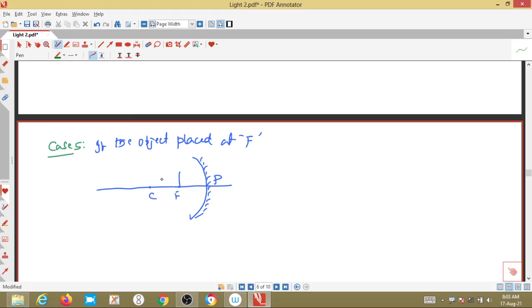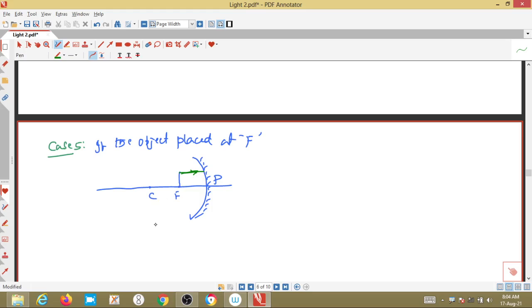Now imagine the first ray I will take. Here the ray is passing from this point parallel to the principal axis. Clear? Now it is reflecting back.